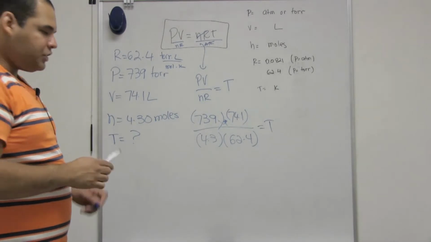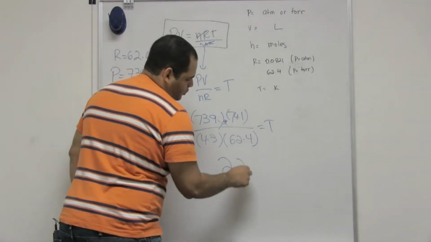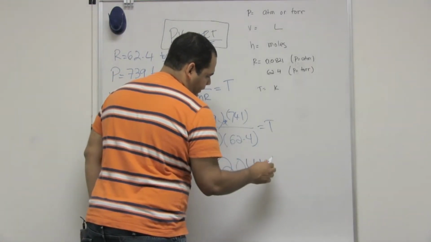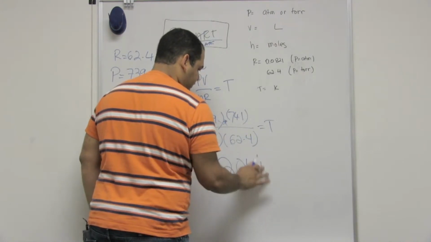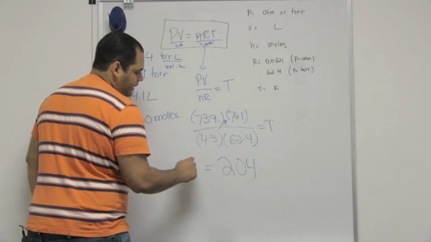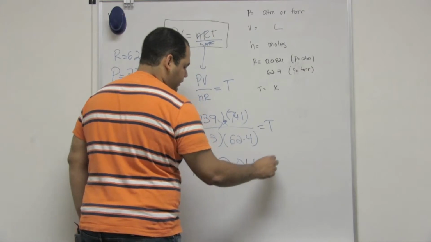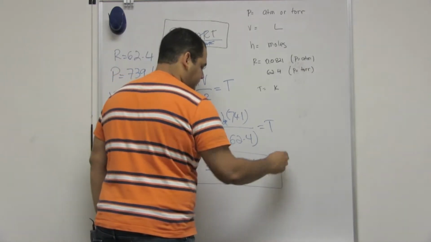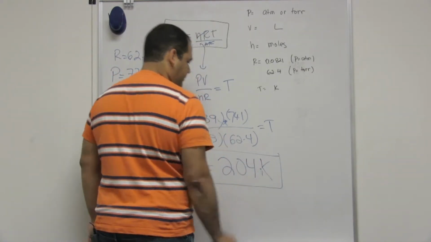So doing this calculation, T equals 204 Kelvin.